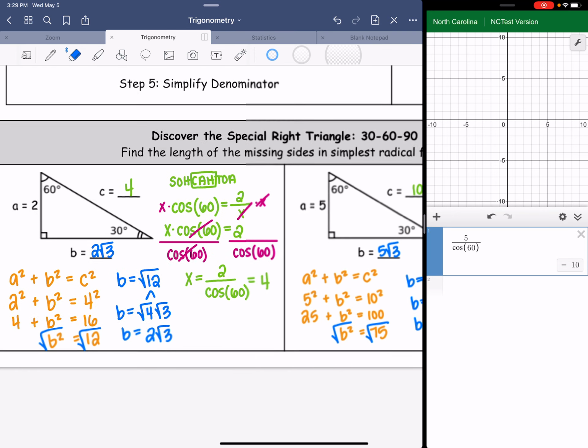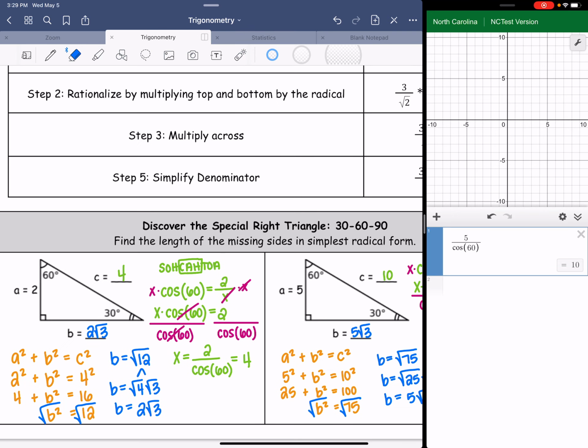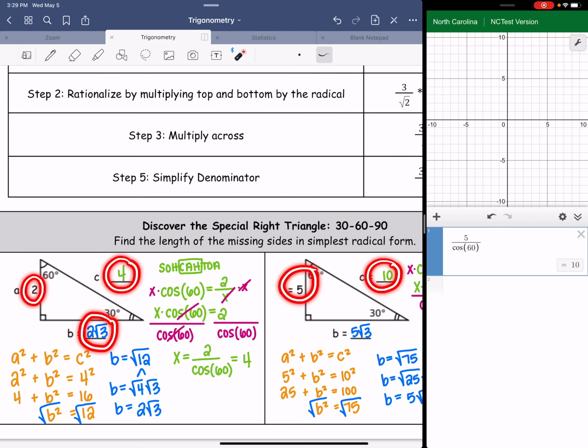Now compare that to a short side of 5, the hypotenuse is 10, and the longer side is 5 square root of 3. So let's see, is there some relationship between those three numbers? Is there some relationship over here between those three numbers?